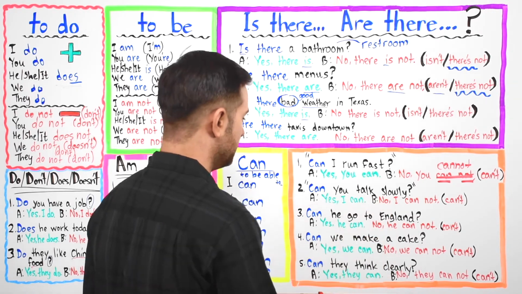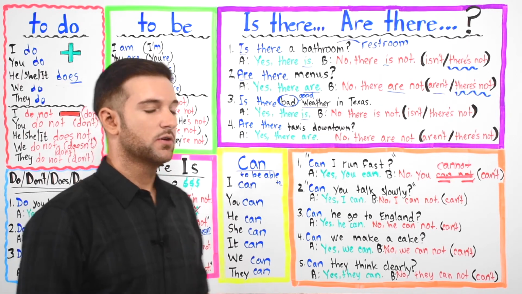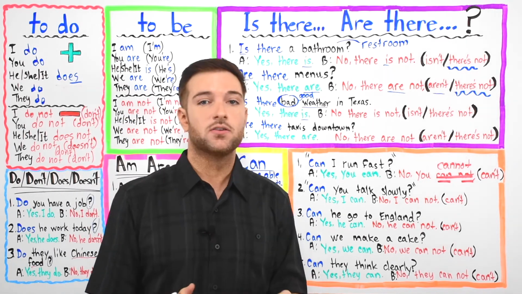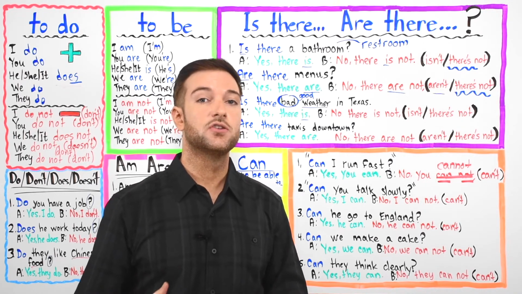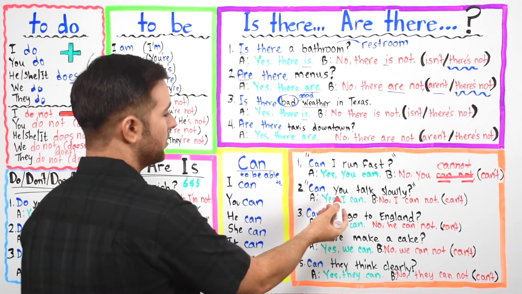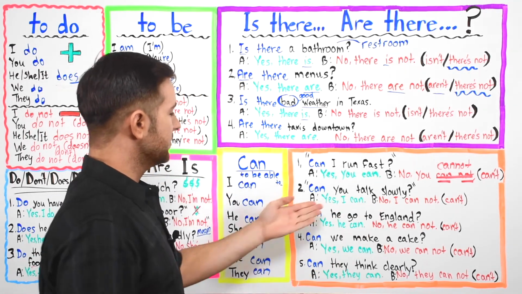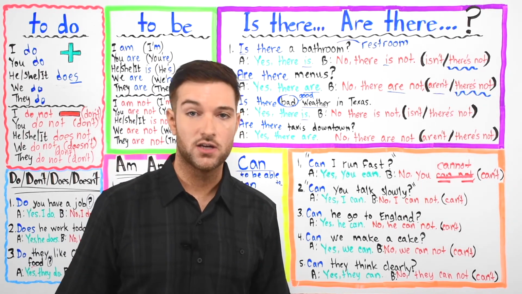Can you talk slowly? Slowly means, for example, I can talk really, really fast, or I can talk very slowly, so you can understand me better. Oftentimes this is a good expression when you're talking to an English speaker and maybe they talk too fast.